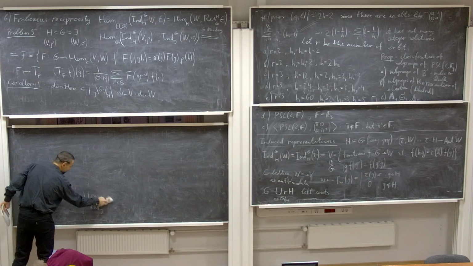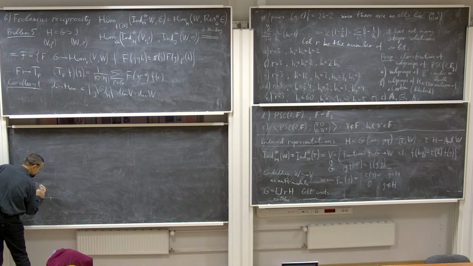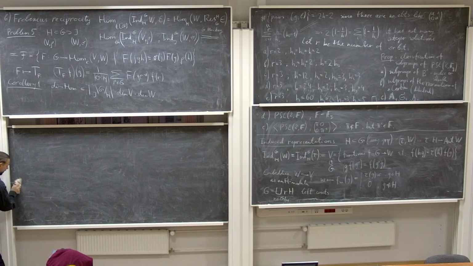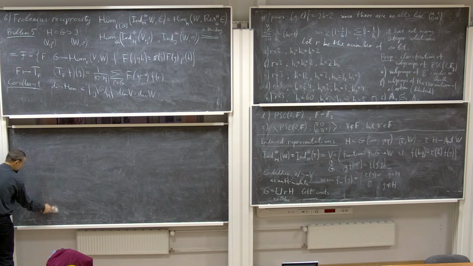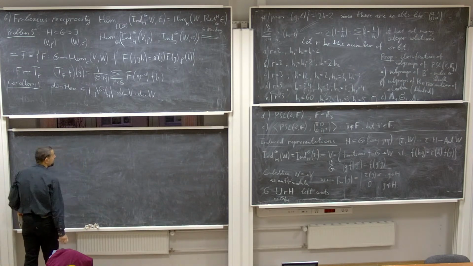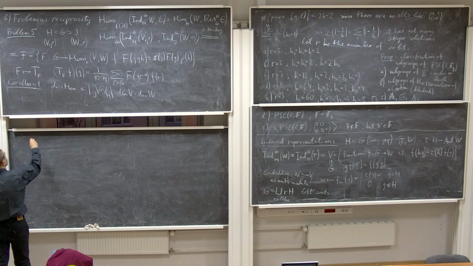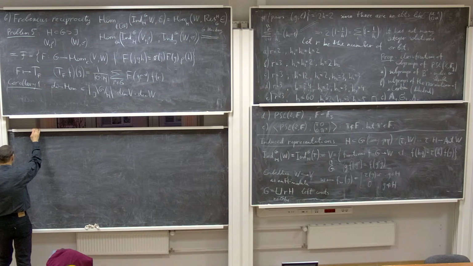Okay, and the answer is as follows. How to multiply elements of F in case the 2 subgroups and representations coincide.